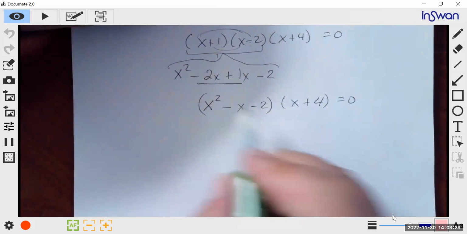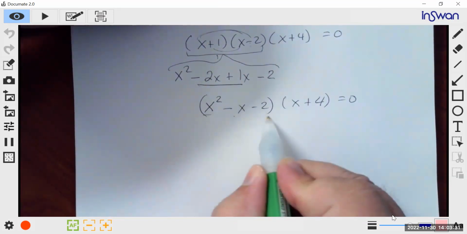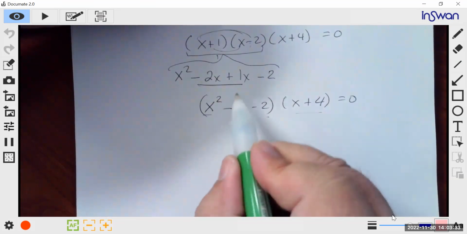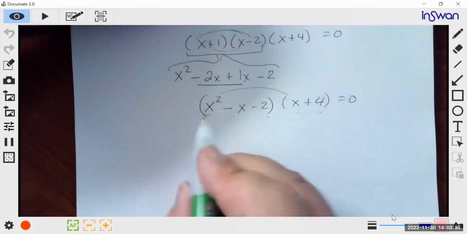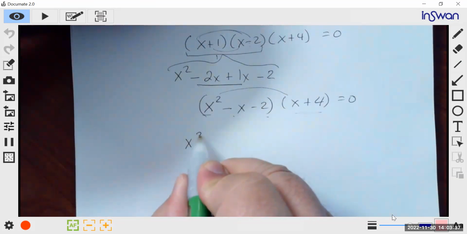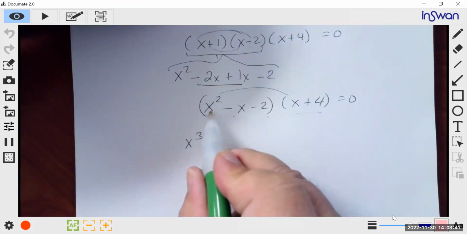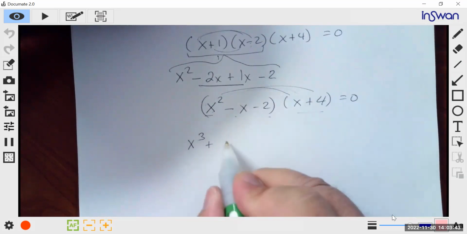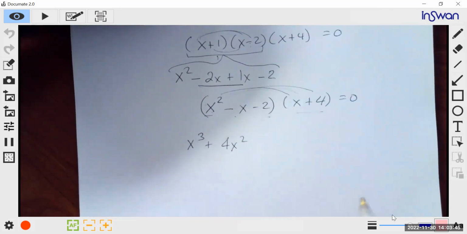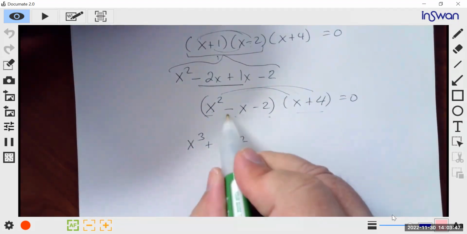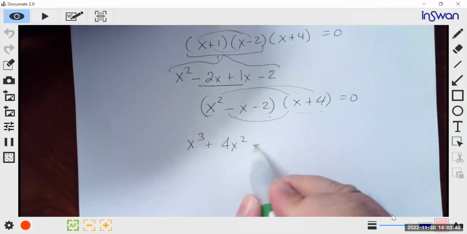Now I got to do the same thing here. All three of these have to multiply those two. X squared times x is x cubed. Positive times positive. X squared times 4 is 4x squared. Negative times positive is negative.